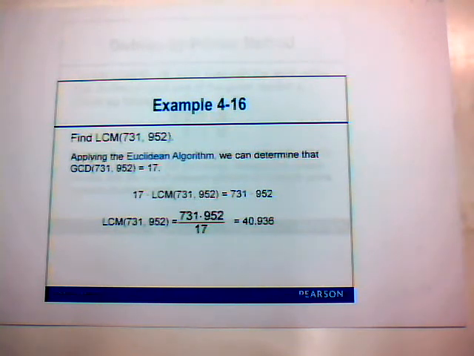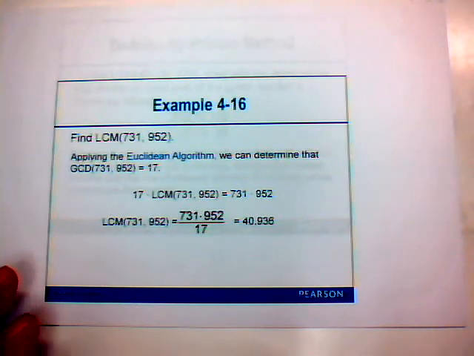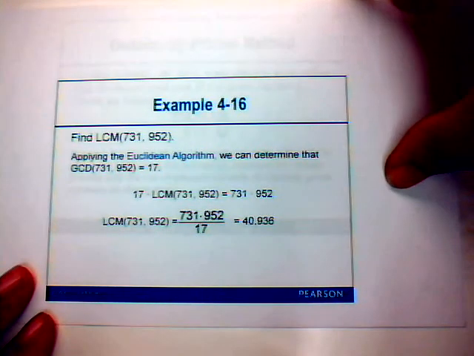And then in this case here, we just divide both sides by 17. You can get the least common multiple of 731 and 952, and that's going to be equal to 731 times 952 divided by 17, which will give you the final answer of 40,936. Okay. So that's how you find the least common multiple of 731 and 952.